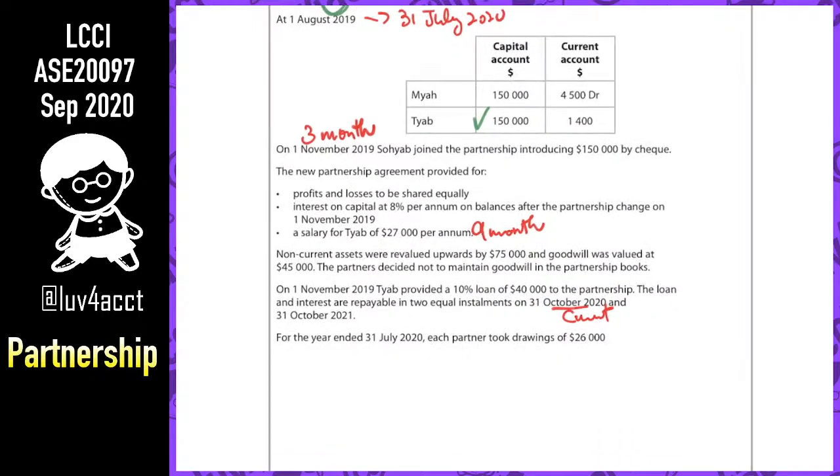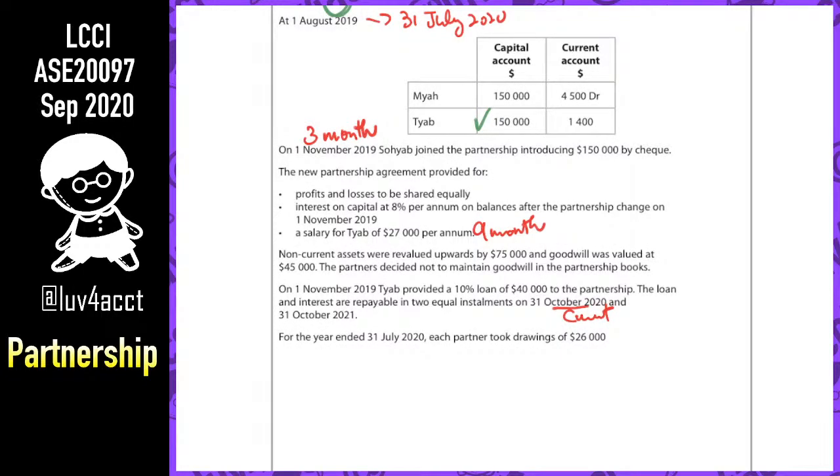Then we have the revaluation of non-current asset, then goodwill revaluation, and then goodwill written off. Nothing else. Should be good. Okay, so let's start.